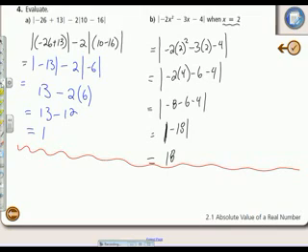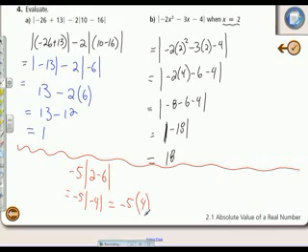For an example, if we took something like negative 5 times the absolute value of 2 minus 6. Well, 2 minus 6 gives us negative 4. Negative 5 times positive 4. So when we use the absolute value, we'll get a positive number, but now that I have a negative outside the absolute value, my answer could be negative at this point, negative 20. So just watch for that. That's what they're talking about.